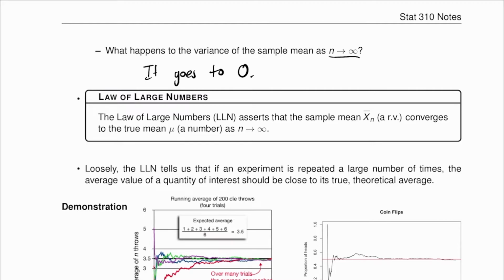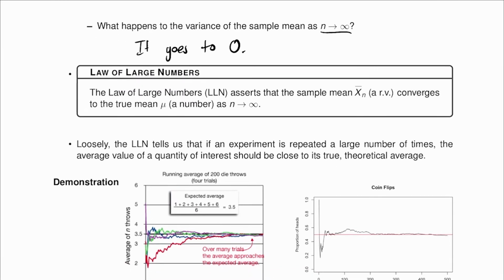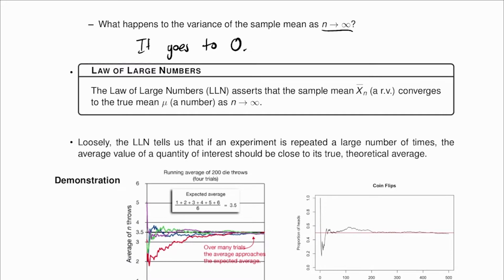Now, the formal statement of the law of large numbers says that the sample mean, xn, which is a random variable, converges to the true mean, mu, the parameter that is a number, as n goes to infinity. We know that the expected value of the sample mean is mu, but the law of large numbers says that this sample mean converges to mu as n goes to infinity.